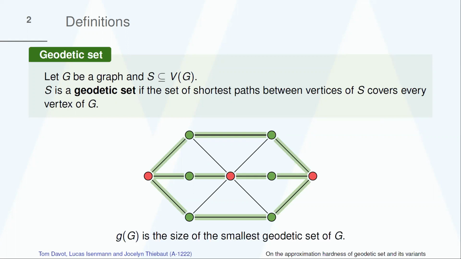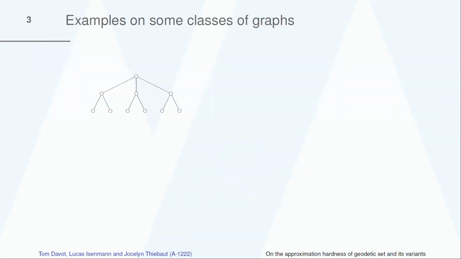If at some point you miss something in a definition, if I'm not here, feel free to interrupt. Of course, we want the smallest one, and we call the size of the smallest geodetic set of the graph the geodetic number. Here are some examples on some classes of graphs. On trees, you need to take leaves.